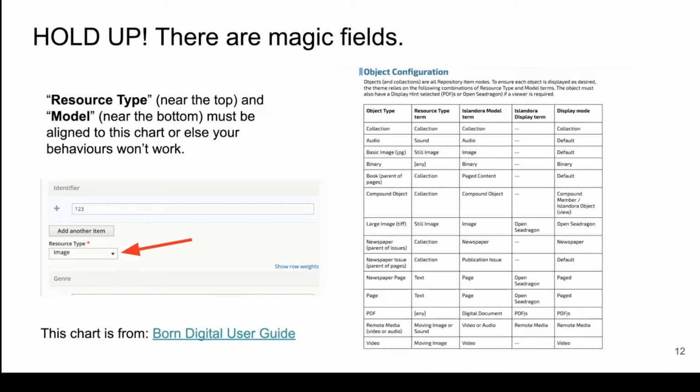It's very complicated. In my opinion, it's very overly complicated, but it is documented. So if you click on the link to the Born Digital User Guide, you can see how these different fields interact. For instance, if you are making a book, parent of pages, you just set resource type to collection and the Islandora model to paged content. And then it will display in the default display mode, but it'll also show you a view of the pages.